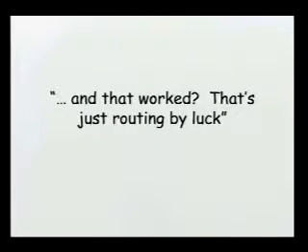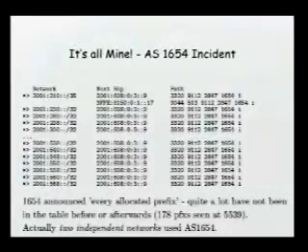So this is the beginning of the changes to the titles of the talk. There's a lot of interesting things that are happening out on the network that are almost like things we've seen before, actually exactly like things we've seen before. So again, we have the It's All Mine incident where an AS decided that they were going to advertise everything as /32s.